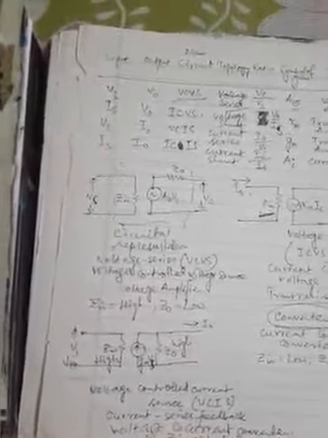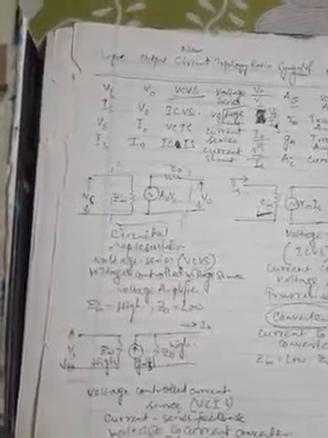Now the feedback that is being used here is called current shunt feedback. That means the topology used is current shunt. So current shunt feedback can alternately be called a current amplifier, where input is current and output is also current. So it is a general current amplifier.